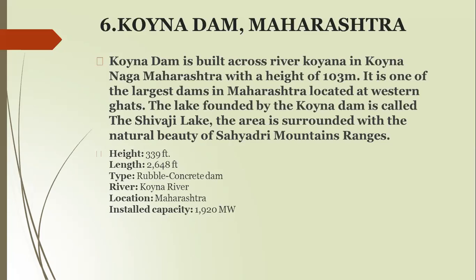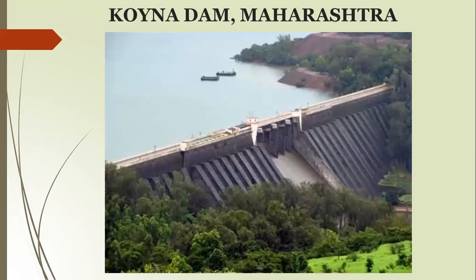So that's why we should feel proud of this Koyana Dam, that it has such huge undergoing projects. So this Koyana Dam has 6 gates. So these are the radial gates.